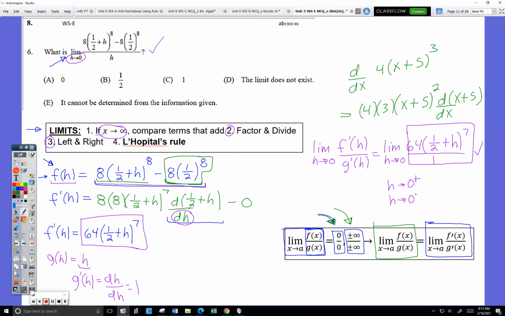So 1/2 squared would be 1/4. Go again, that's 1/8, 1/16, 1/32. I'm really fast at this. 1/64, one more. 1/128. So my numerator is 64. So when h is getting really close to 0, that whole thing is getting very, very close to 1/2 because the bottom is just 1.